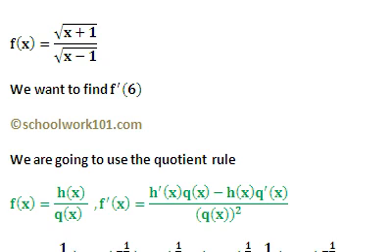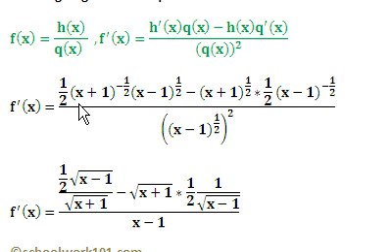Alright, so this is our formula here that we're going to use. So the numerator, we're taking the derivative of it here. We took the 1/2, brought it out front, subtracted 1 from the exponent, gives us a negative 1/2, and then rewrote everything in parentheses, and rewrote the denominator minus the numerator times the derivative of the denominator, which is this stuff right here, bringing the 1/2 out front, rewriting everything in parentheses, subtracting 1 from the exponent, and remember, you take the derivative of what's in parentheses and bring it out, but the derivative of x minus 1 is just 1, so no reason for all that.